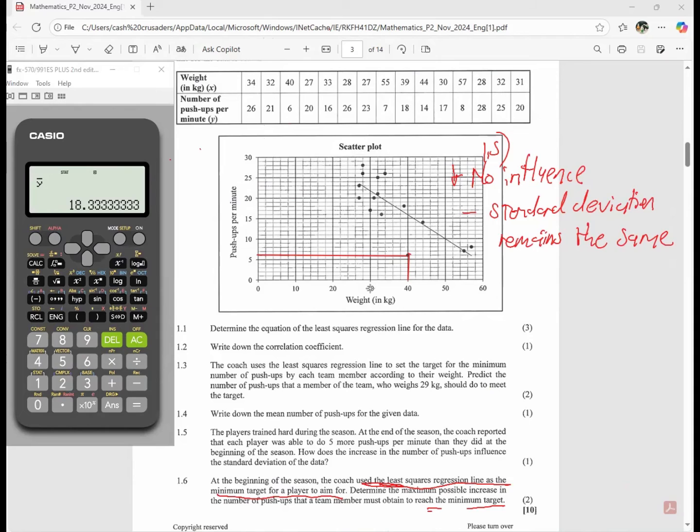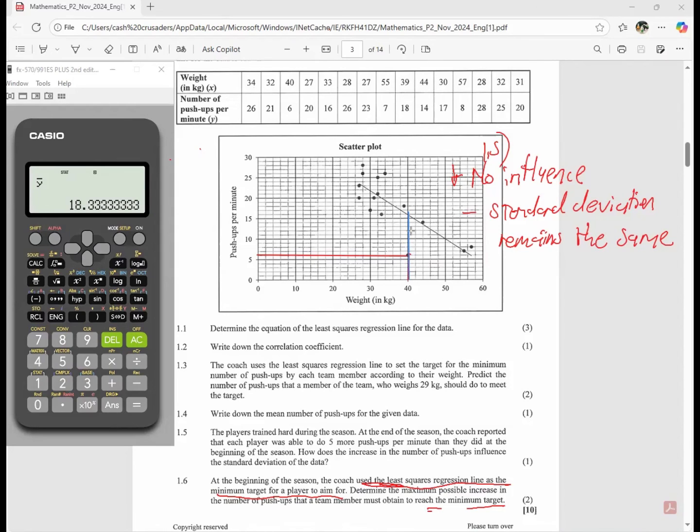Now we want to check what is the minimum that this player should increase in the push-ups to meet the minimum requirement. So still on the same line there, we would stretch it out. Remember, we are using this one as the least square regression line as our minimum, right? So that's what we should aim for.